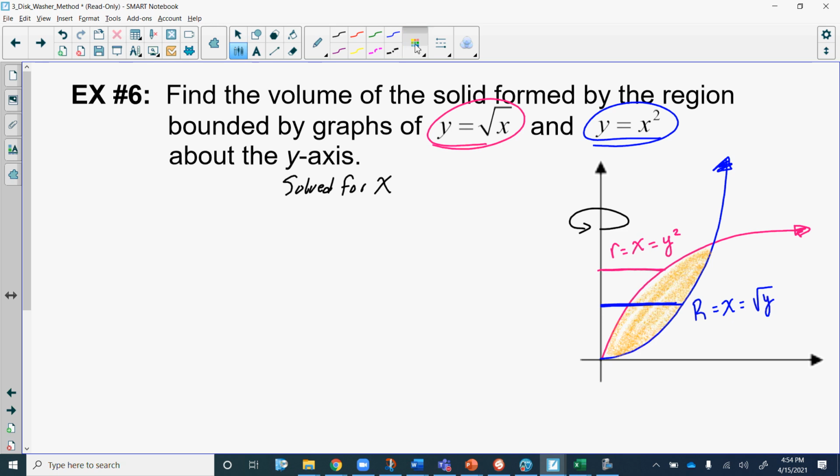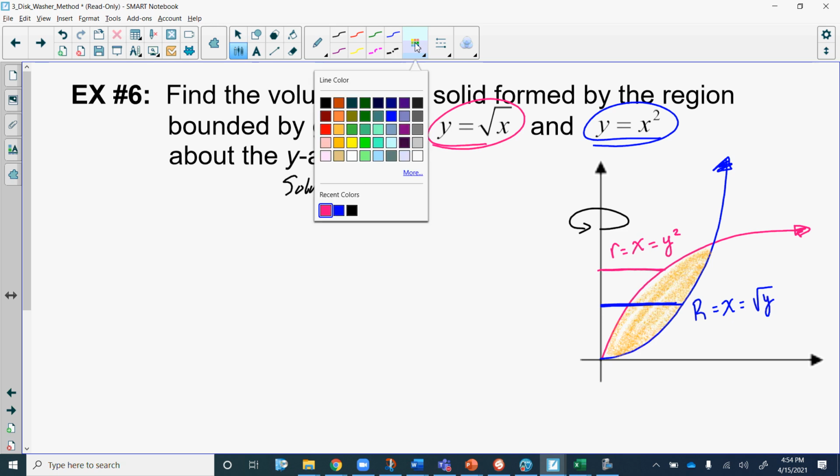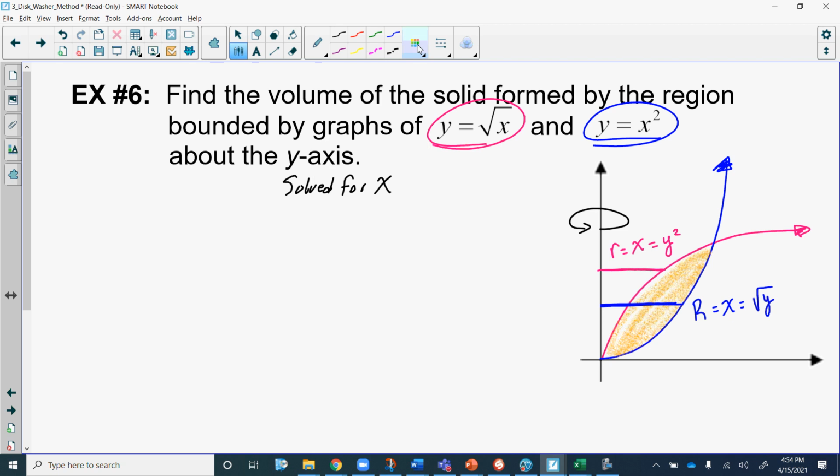So let me pick a color I haven't used yet here. The volume that we're going to be looking at is going to be pi times the definite integral. And where is our definite integral going to be?